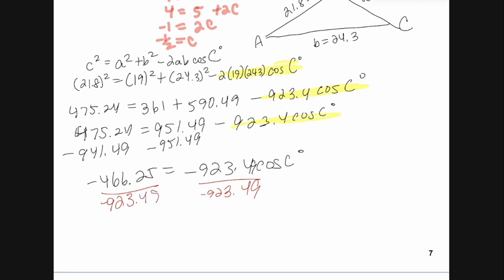I got 476. No. Oh, okay, so it's 476. I'm sorry. I'm going to trust you guys. So this is 76. So 475.24 minus 941.49. I got 466 again. Did I write something down wrong? Oh, because I wrote down 941, not 951. Thank you guys. I appreciate you helping me find that. Okay, so that's 951, which would make this 76.